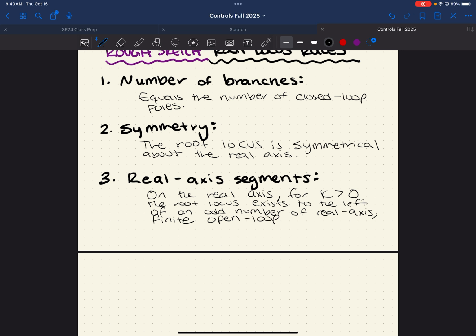Open loop poles and or finite open loop zeros.